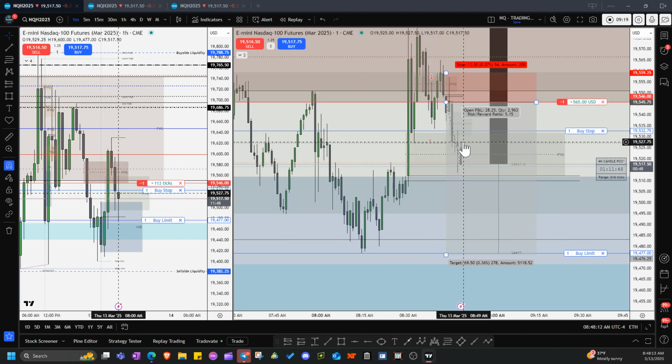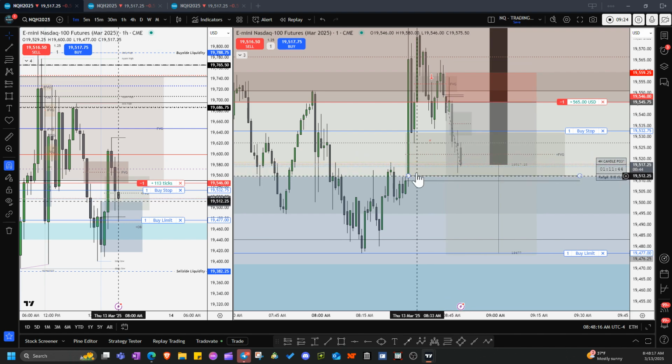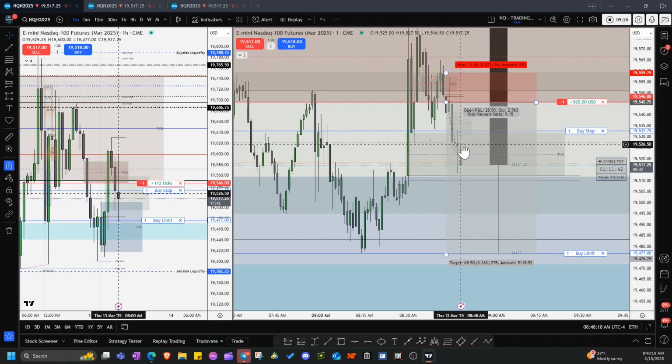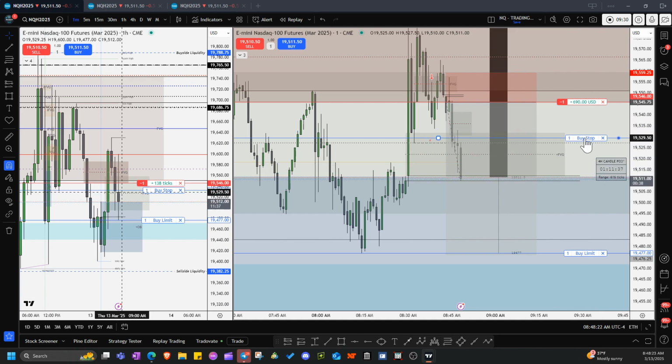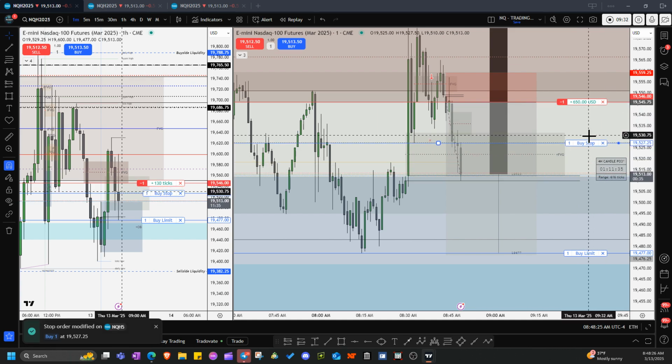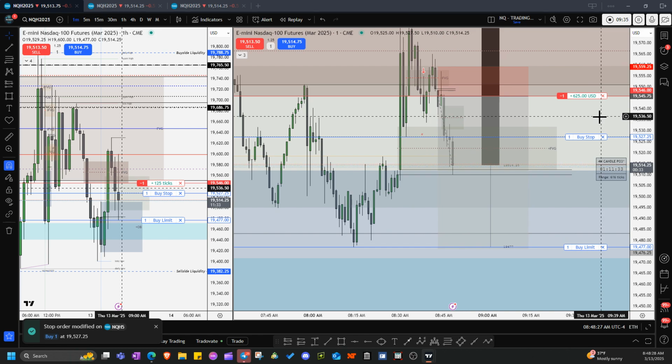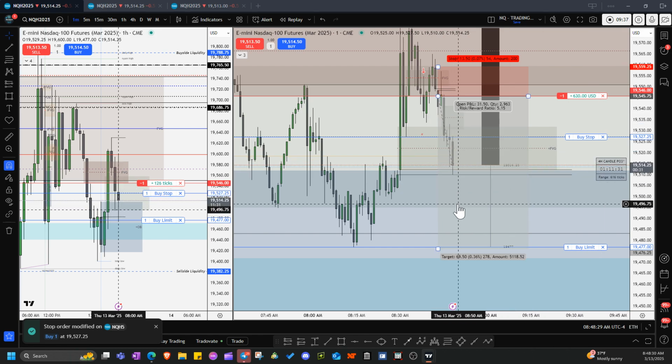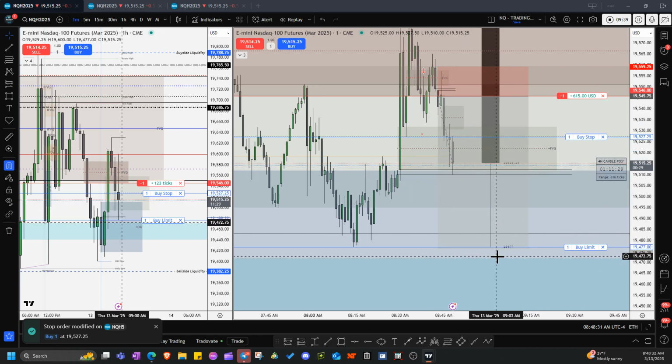That's what this is. And as you guys can see, we tap it and immediately reject from it because we already used it as support here, and now we're using it as resistance here. And we're inside that volume imbalance. Let's see if we trade through it and then use it as resistance for lower prices.